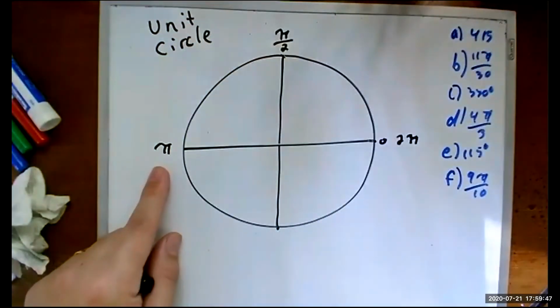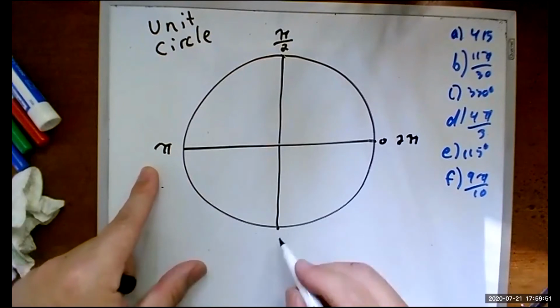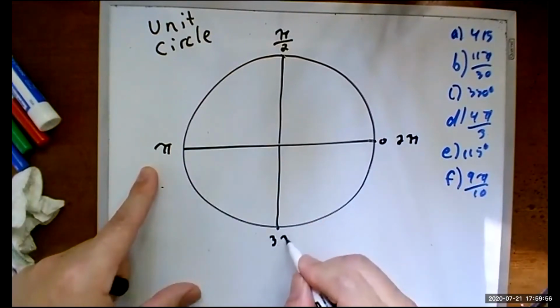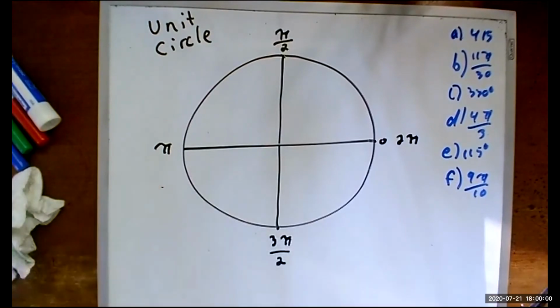And then doing it again, we're going to cut your pi and your 2 pi, or your 0 to pi, in half. So literally we're at pi over 2 as we're halfway through. We can do the same thing going the other way. At the bottom, again, we're halfway between pi and 2 pi, which really means we're at 3 pi over 2.